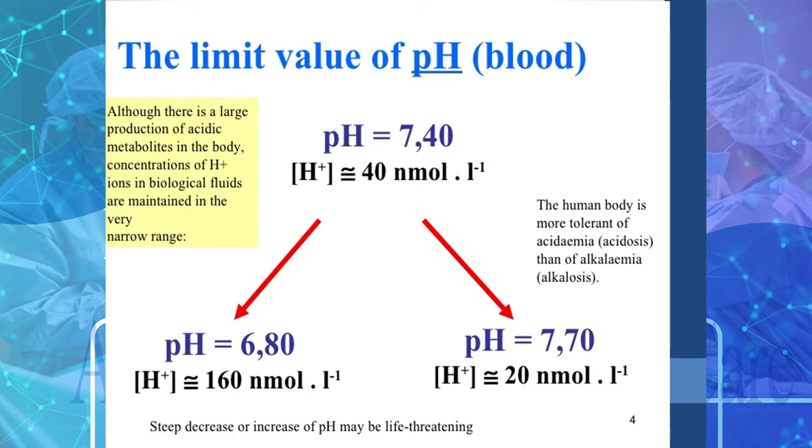While in practice, maybe sometimes we deal with acidosis more seriously, alkalosis is more serious. Actually, we should deal with both, because the body will not tolerate a pH above 7.7, while the pH down to 6.8, after this will be incompatible with life also.